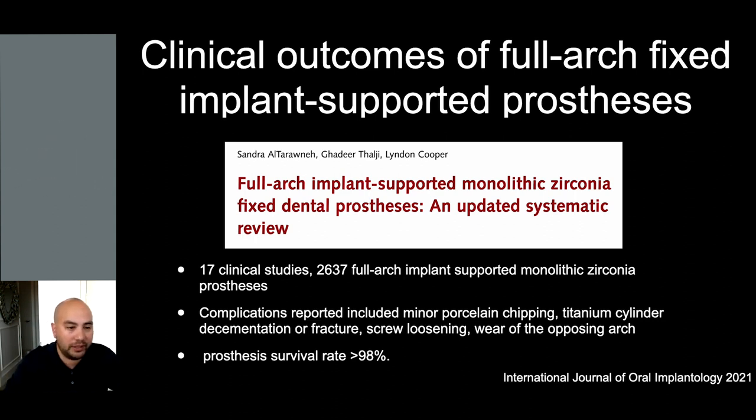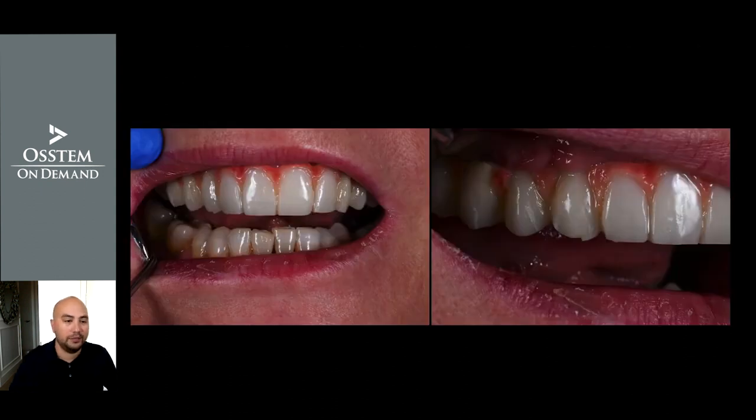The prosthetic survival rate overall is extremely high, more than 88%. A typical complication that we can encounter with full arch zirconia restoration is the chipping of the tooth, and that's upsetting for the patient, and will inevitably lead to a costly remake.